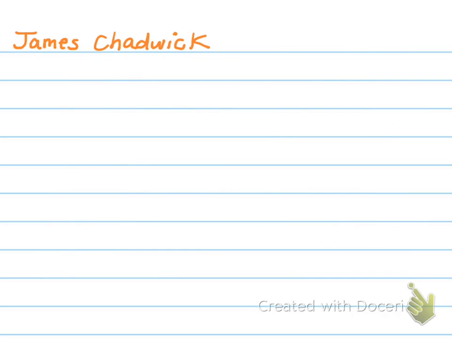Our last scientist that got skipped was James Chadwick. He lived from 1891 to 1974. He's credited with this work in 1932. And again, we haven't yet really talked about the neutron.